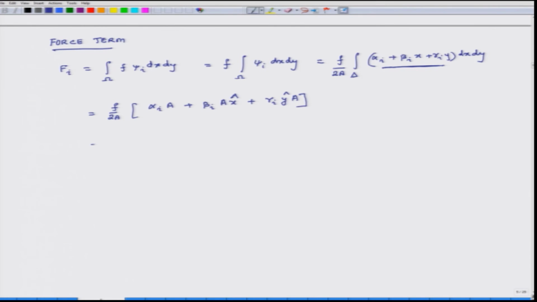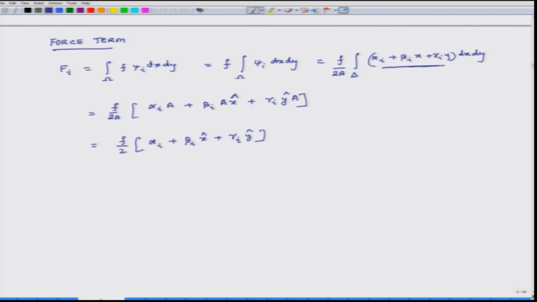So, a goes away, f by 2 times alpha_i plus beta_i x hat plus gamma_i y hat. Okay.